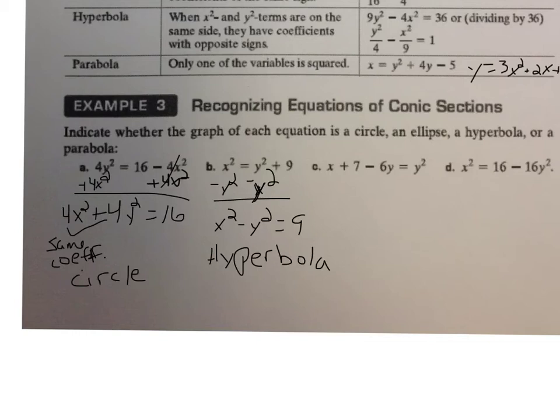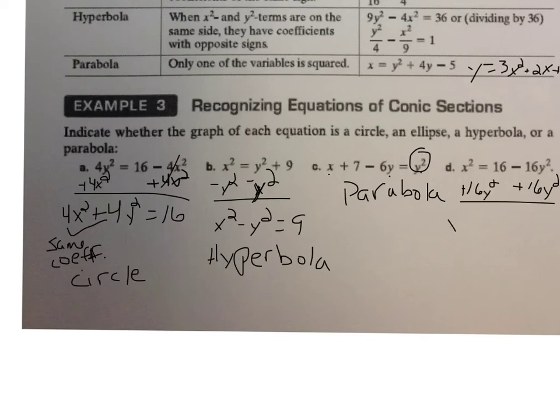All right, on C, you can see here we've got an x, we got a y, and we got a y squared, but we don't have an x squared. So there's only one squared. If there's only one squared, it's automatically a parabola. And D, we got 2 squared, so we're going to add 16y squared to the other side.